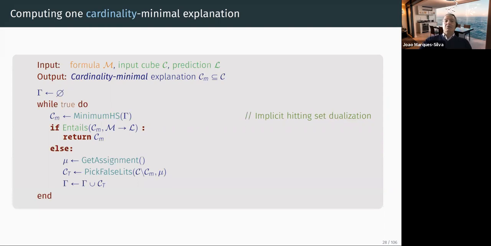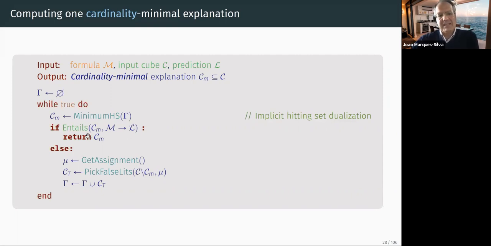Now, computing cardinality minimal explanations is usually much more complicated. For example, if you are modeling neural networks or decision sets, whereas entailment checking is co-NP complete, this is going to be hard for the second level of the polynomial hierarchy. So it's a much harder problem to solve, and that also shows in the more complicated pseudocode.